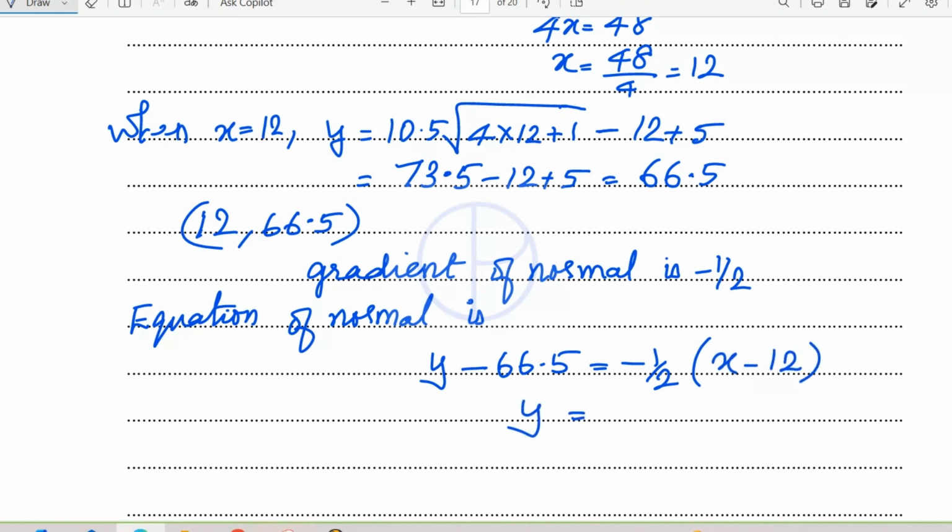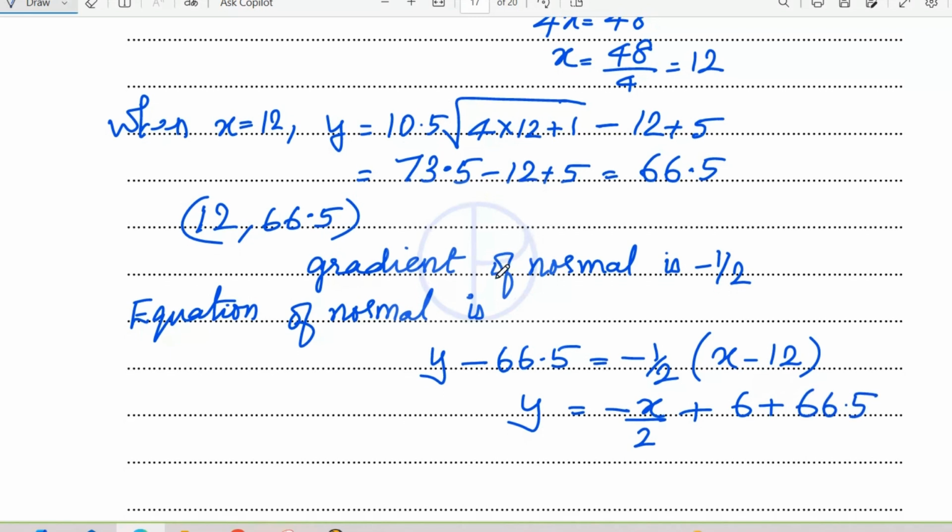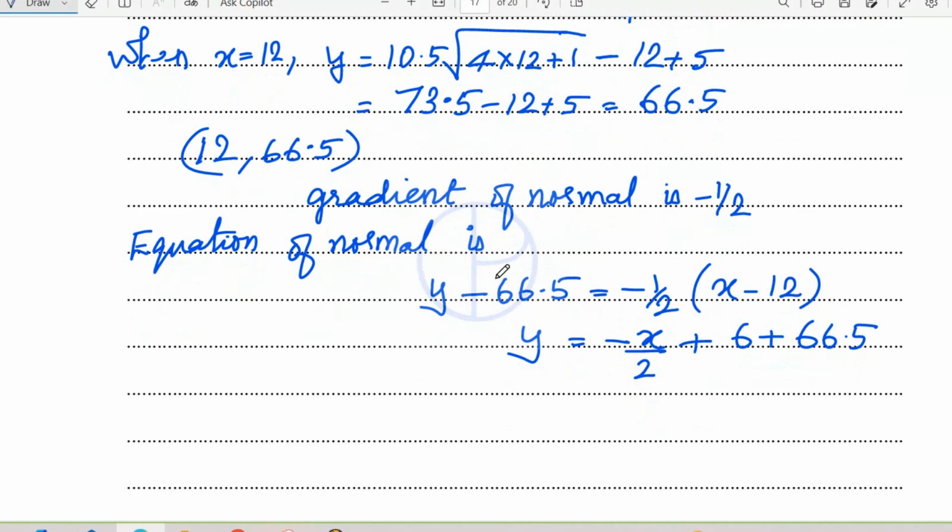So y is equal to negative x divided by 2 plus 6 plus 66.5. 2y equal to negative x plus 66.5 plus 6, that means 72.5 multiplied by 2, 145.